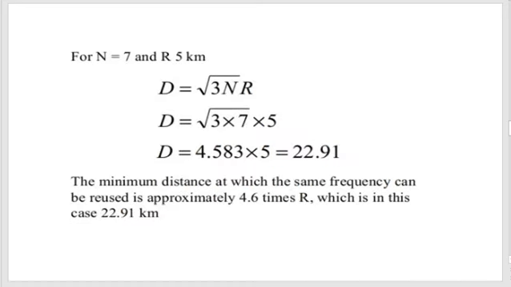So this is a small numerical. If N is equal to 7 and the radius is 5 kilometers, if you put the values, the distance comes out to be 22.91 kilometers.